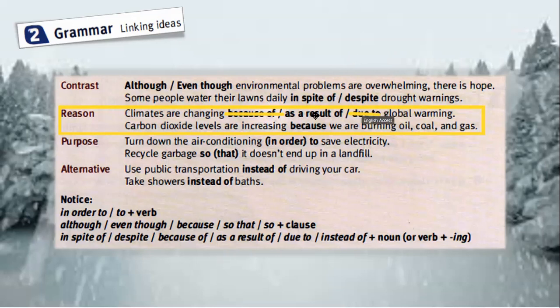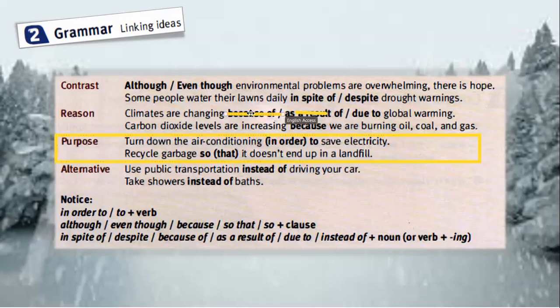One more time, only the first one: climates are changing due to global warming. Yes, very good.